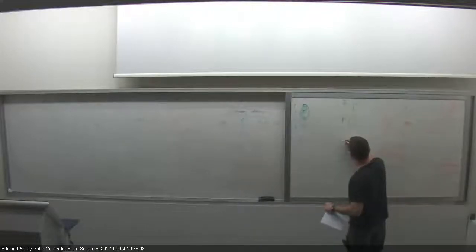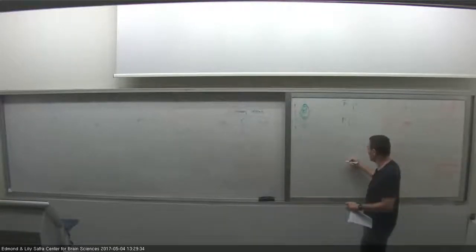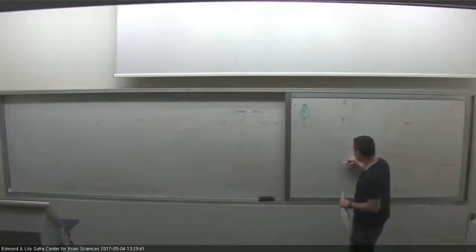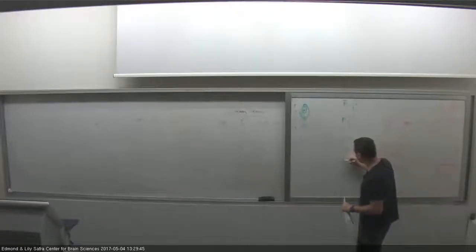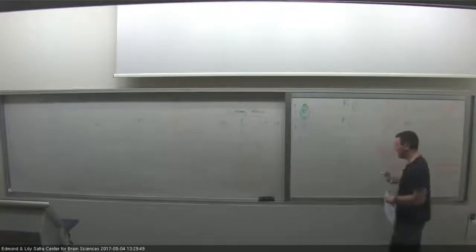So this is a presynaptic neuron, and this is a postsynaptic neuron. This is the synapse. The strength of the synapse could correspond to something like the number of receptors on the postsynaptic side, or the probability of release on the presynaptic side, things like that.